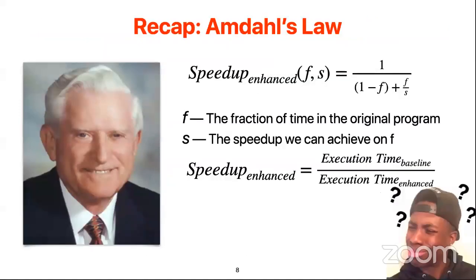At the end of the last lecture, we talked about Amdahl's law, which means that the speedup is 1 over (1 minus f plus f over s), where f is the fraction of time in the original program, and s is the speedup we can achieve on f.